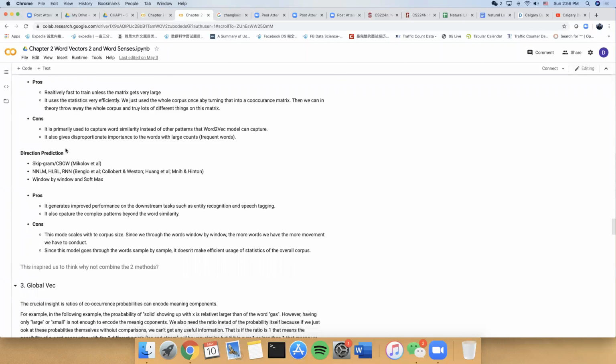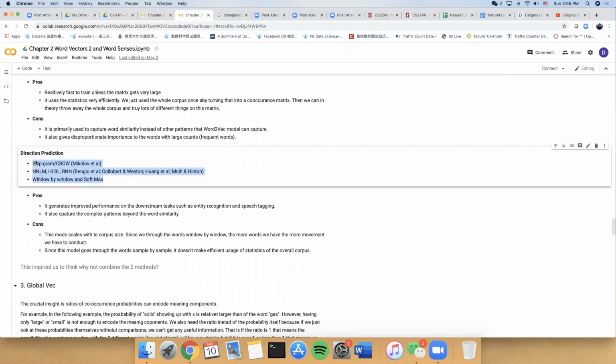Another type of model is what we learned today: skip-gram, CBOW, or word2vec, or those recursive neural networks, window by window, and Softmax, what we talked about previously. Those are more like semantic word-meaning or context-focused models. In that way, we don't care about how many times the words show up in each window.